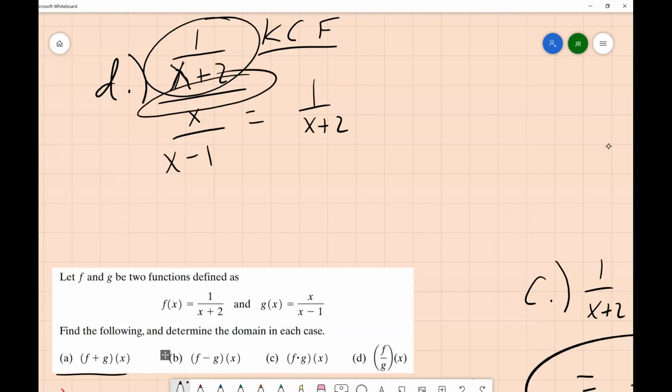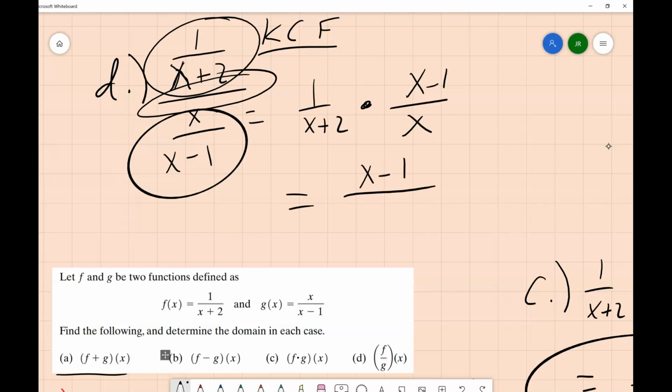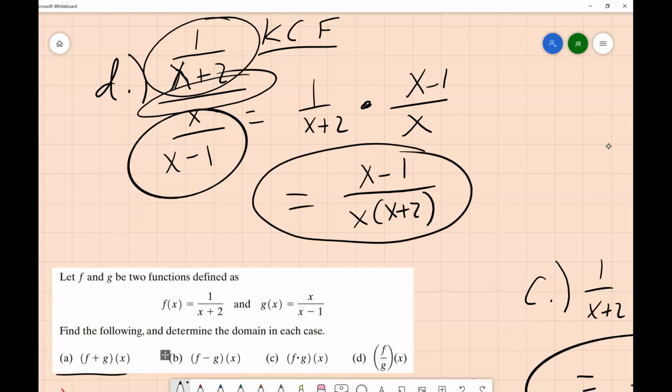Change the division to multiplication and flip the second fraction, so that's x minus 1 over x. Multiply straight across. I get x minus 1 over x times x plus 2. If you distribute the x, you get x squared plus 2x. That's fine, or you can leave it separate. But this is my answer for part D.